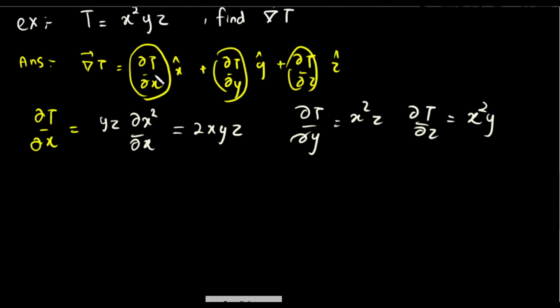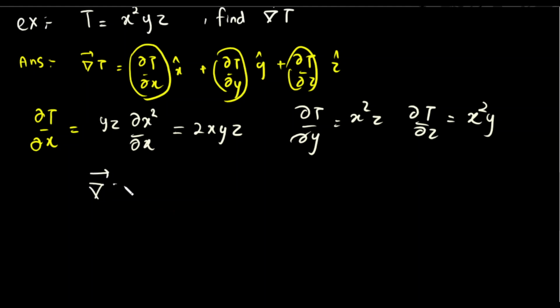So now I have found all the terms that are required for my final answer: ∂T/∂x, ∂T/∂y and ∂T/∂z. These are found. Now I am going to substitute them in this equation.